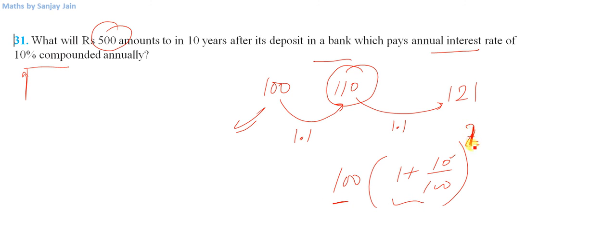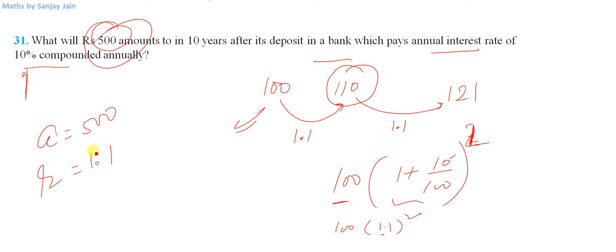At the end of second year I'll write 2 here, it will be 100 into 1.1 squared. So this is the multiply factor. What I want to say is 500 is what we started with, so the first term is 500. Common ratio is 1.1, and this is going to be for 10 years, so n is equal to 10.